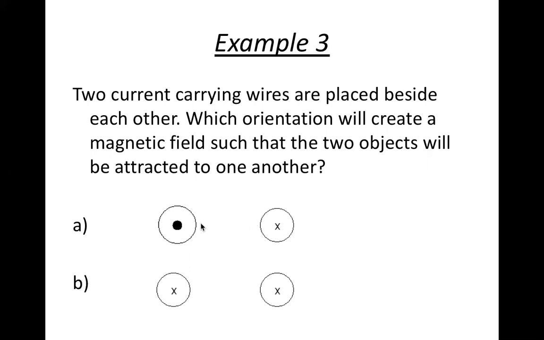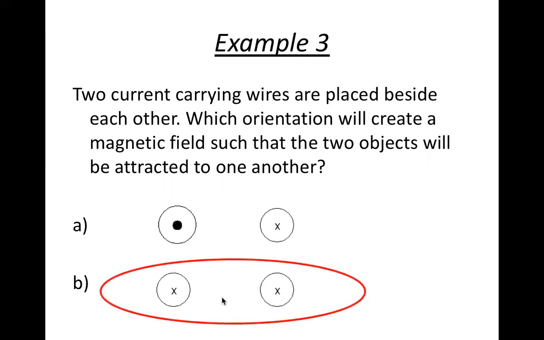Over here, we don't have the right magnetic field line orientation to have attraction. We get them both traveling up. Then over here, on this side, it's traveling up, but on this side, it's traveling down. So the magnetic field lines cause attraction. So this is our answer, B.